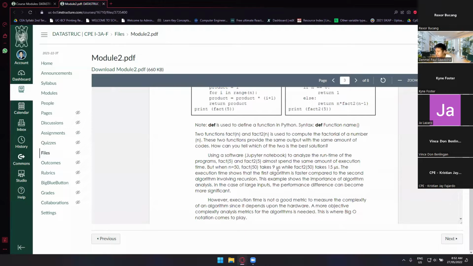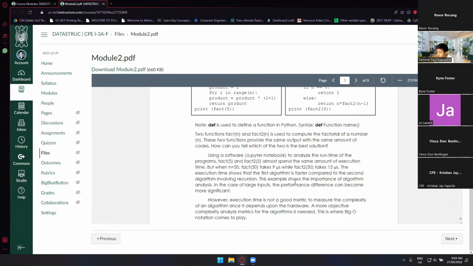So as you can see, the first one will take a shorter time to finish the entire algorithm, while the second one will take longer by 6 microseconds to finish the entire algorithm or loop. Okay, so the execution time shows that the first algorithm is faster compared to the second algorithm involving recursion.